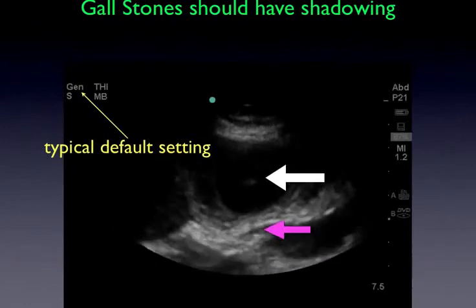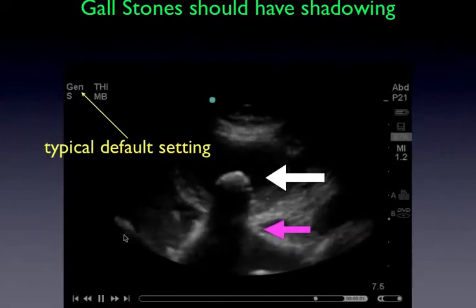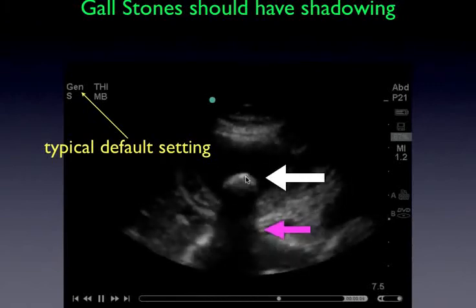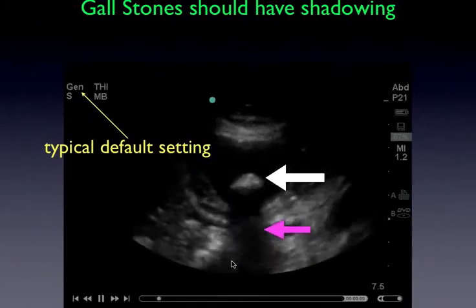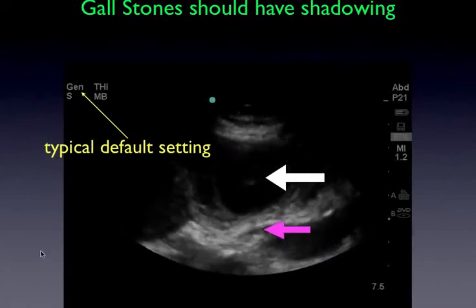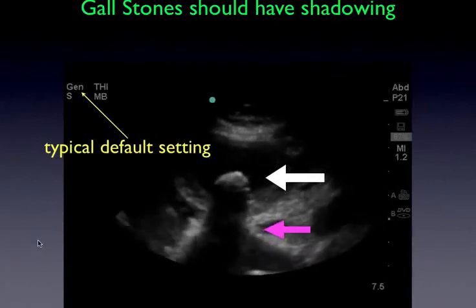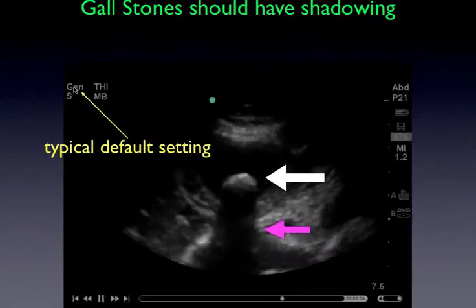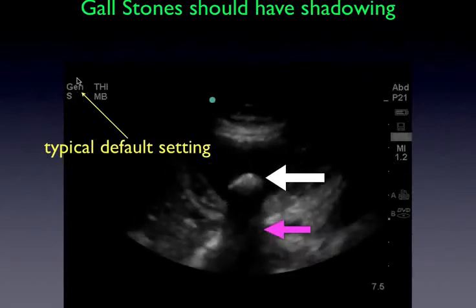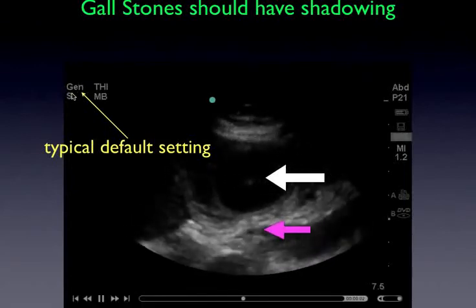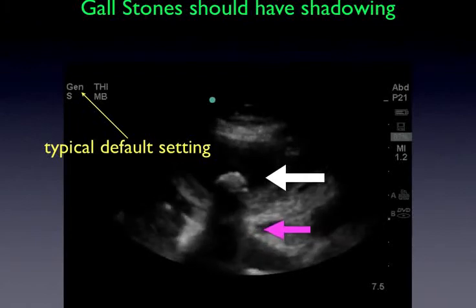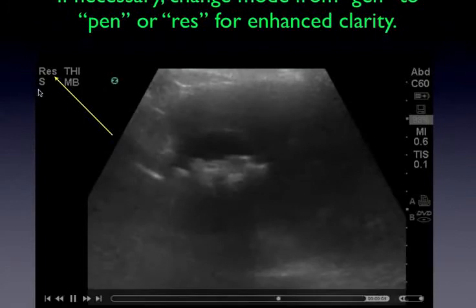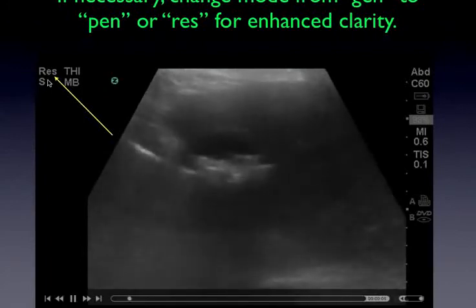Now, as we said before, gallstones typically have shadowing. Again, the ultrasound beam comes down, hits the gallstone over here, cannot penetrate over here. One of the buttons on the ultrasound machine that we tend not to pay attention to is the degree of penetration. So over here, this is the typical default setting, general. Now let's look at this image. This is something that I don't normally use.